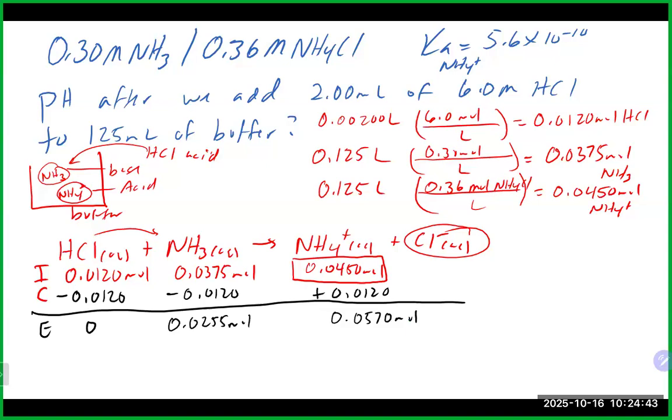Again, just good practice. We're going to convert back into molarities. So we had 125 milliliters of our buffer. We added to it 2 whole milliliters there of our HCl, and that gives us a grand total of 127 milliliters as our total volume. So that means for each of these here, we would divide by 0.127 liters.